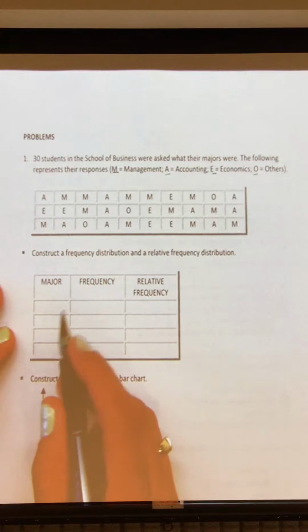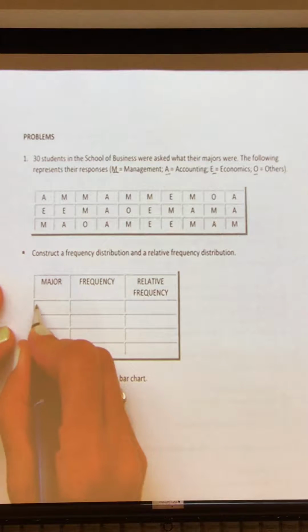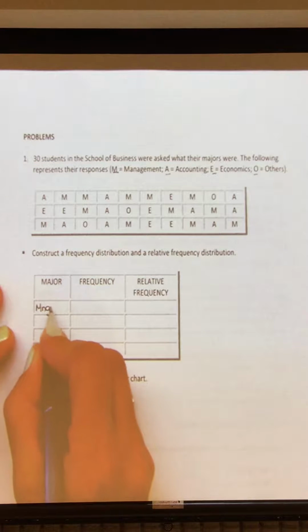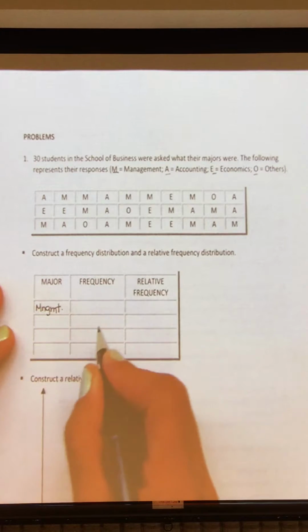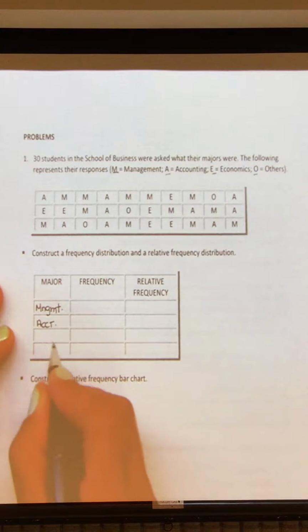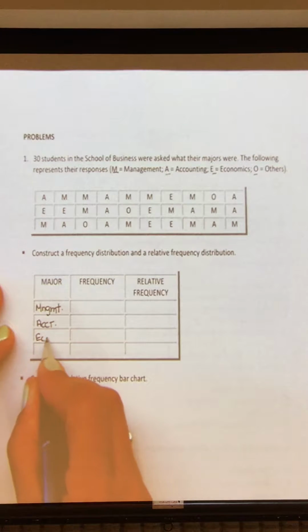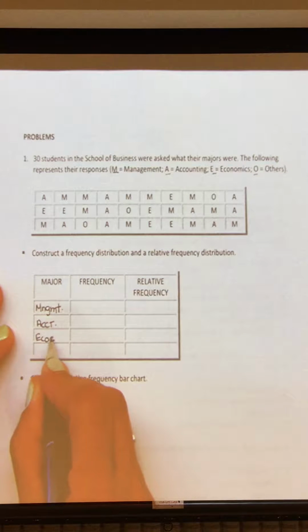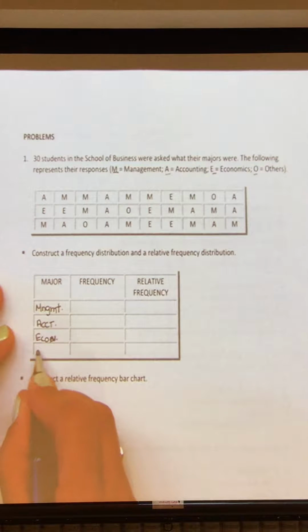So here we list the majors. The first major is management, the second major is accounting, the third major is economics, and the fourth major is other.